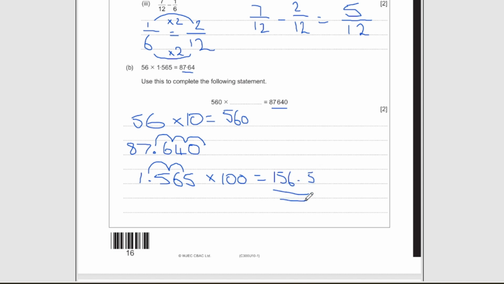That's our missing number, 156.5 equals 87,640. 2 marks. So because we're timesing 87.64 by 1,000 to get 87,640, in total we need to times by 1,000. This is times by 10, the other number times by 100 gives us 1,000, so that's where that comes from.